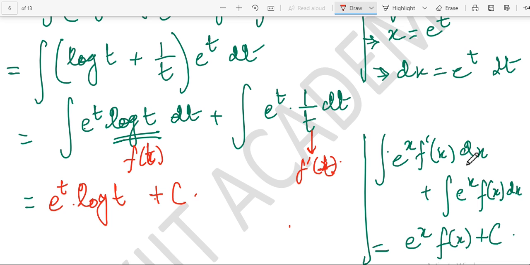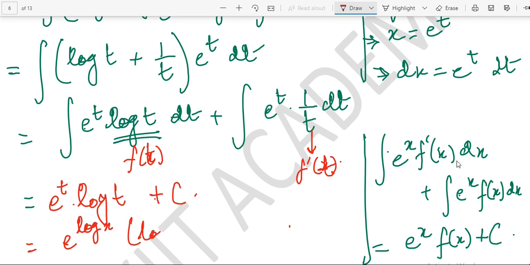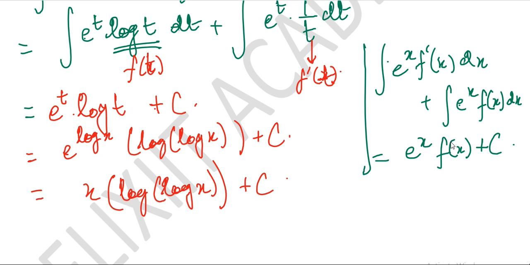Initially t was log x. So e to the power log x multiplied by log x plus c, and we know that e to the power log x is simply x. So the answer is x log of log x plus c. That's all.